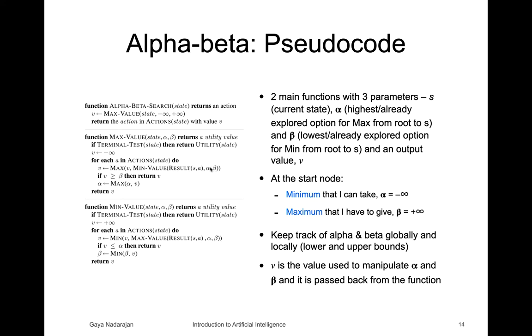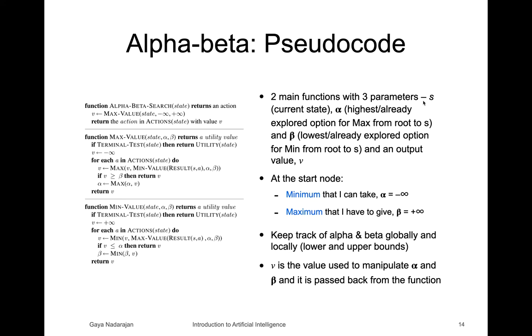And what you will notice, a bit of difference to Minimax, is that it has three parameters. I think Minimax only took the state, but alpha beta takes two more values, alpha and beta, that I've mentioned just now. And this function will return a value.